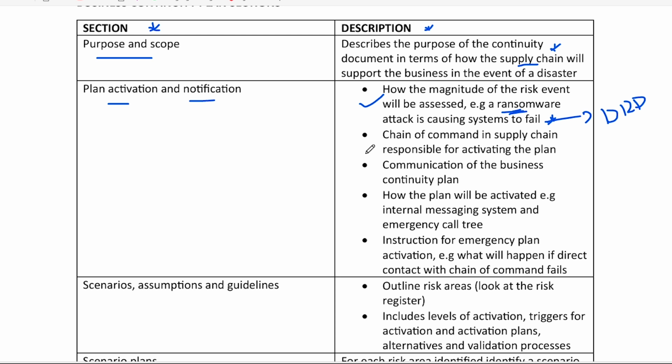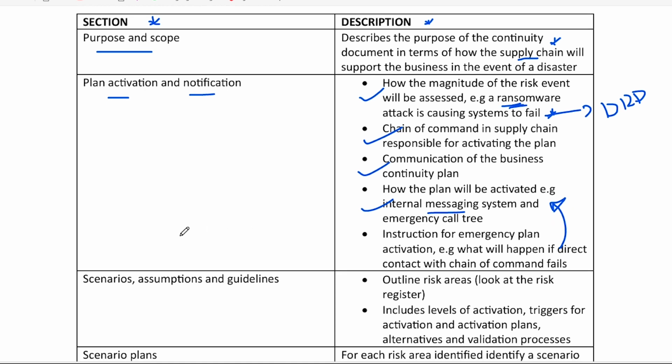So the chain of command in the supply chain responsible for activation of the plan, and the communication, how the plan will be activated, like internal messaging and all that stuff. And what if instructions for emergency plan, what will happen if direct contact in this process fails? So a plan like that one.